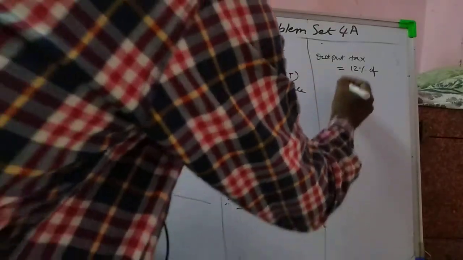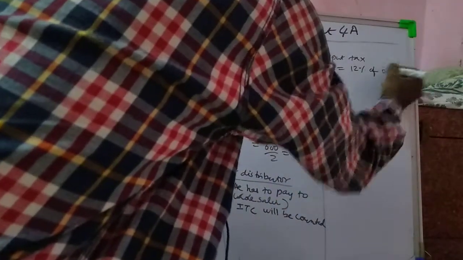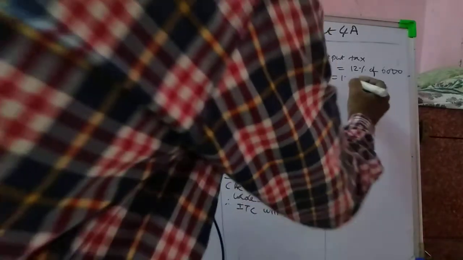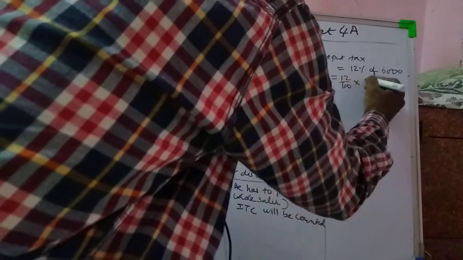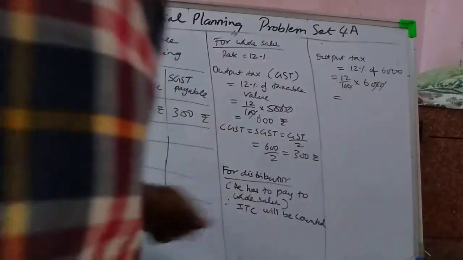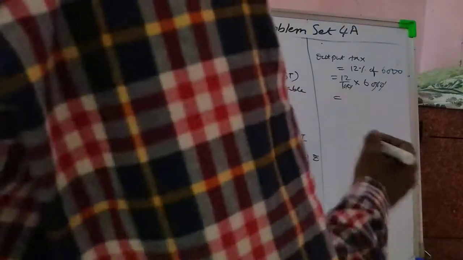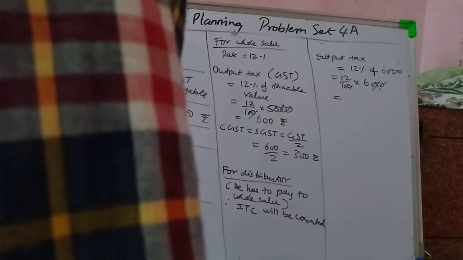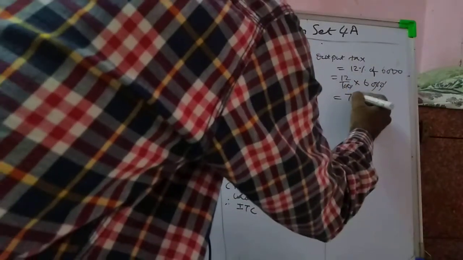Okay. So the output tax, the taxable value given is 6000. It will become 12 upon 100 into 6000. Cut this and you will get 12 into 60. That you will get as 720.